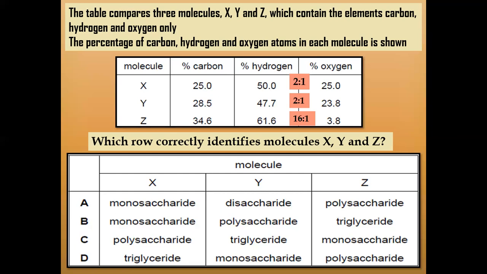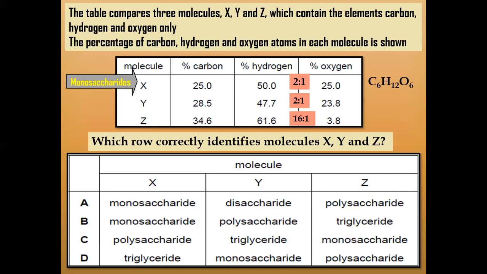Now, with the help of the formula of monosaccharide, we can compare the percentage in the table. The formula of monosaccharide is C6H12O6, which indicates that X is monosaccharide.